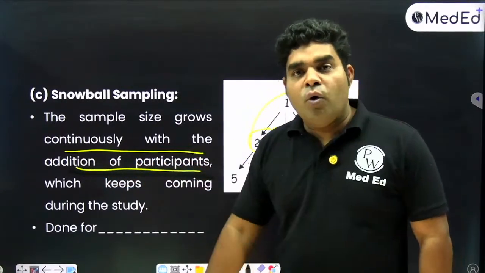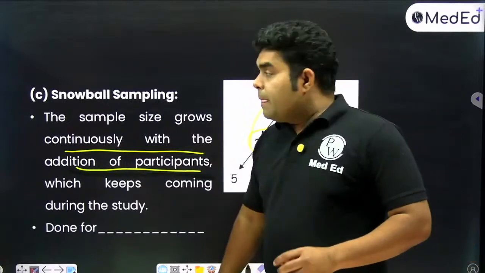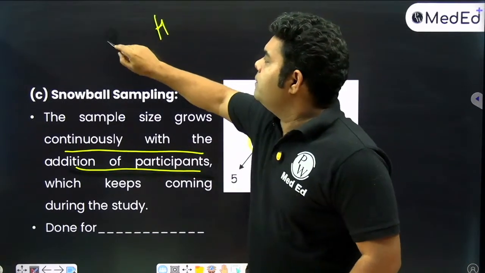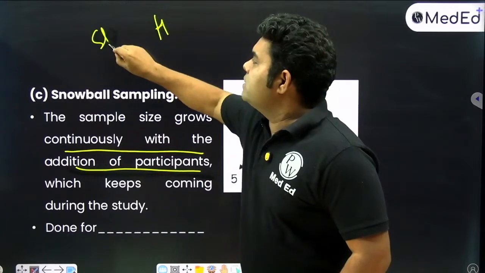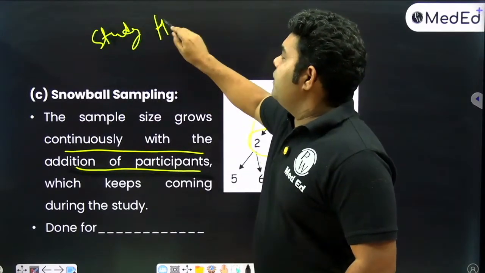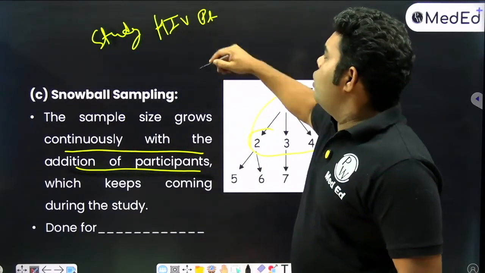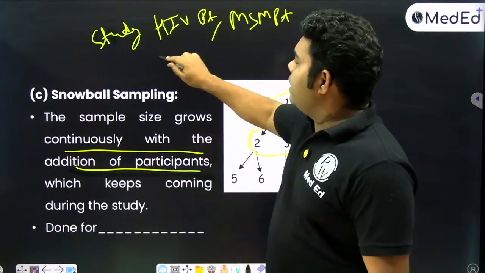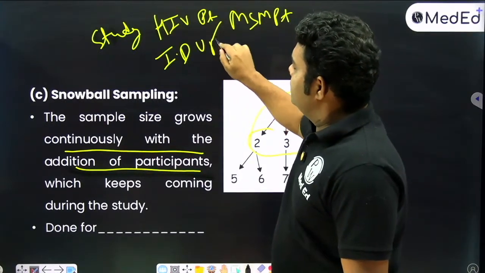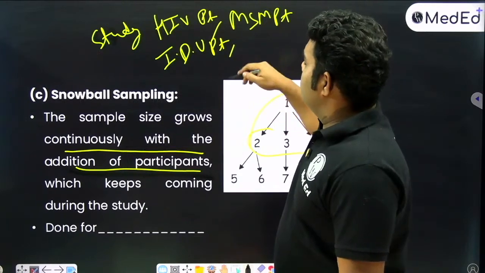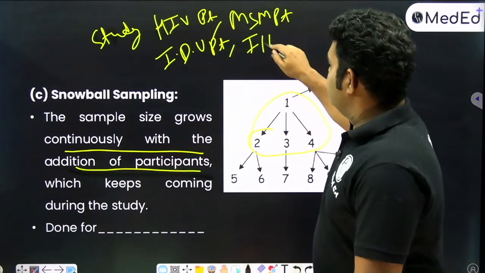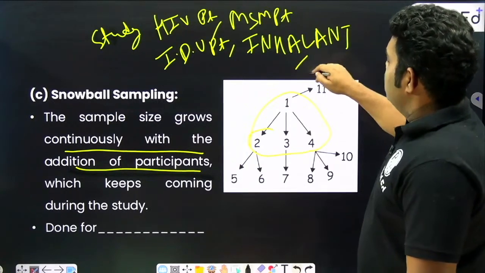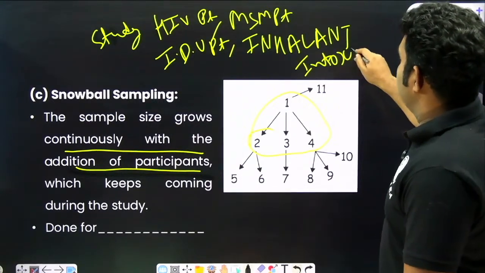Okay. Second question they ask, which sampling is done if you are doing a study on HIV patient, study on MSM patient, study on intravenous drug use patient, study on inhalant intoxication. This example which I gave, sniffing sulochan, this is inhalant intoxication.